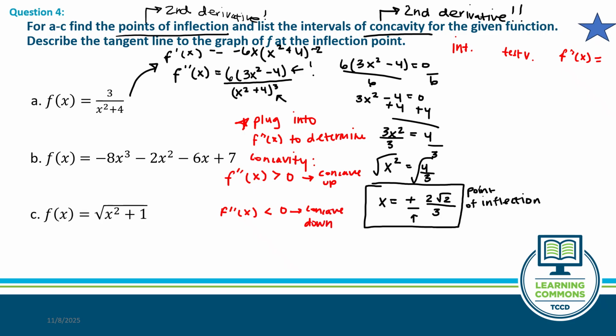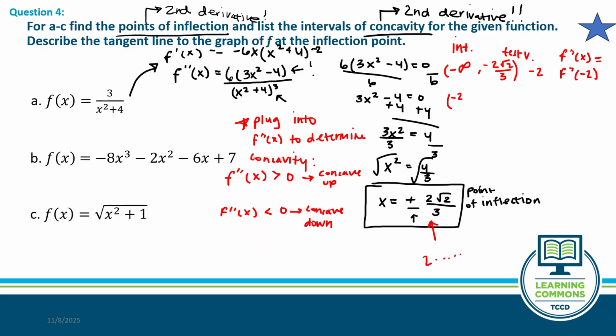Okay, so whenever I pick my test intervals, this comes out to like 2 point something something, some decimal or something. So when I do my test intervals, I have the interval negative infinity to negative 2 root 2 over 3. My test interval is negative 2. And I'll plug in negative 2.